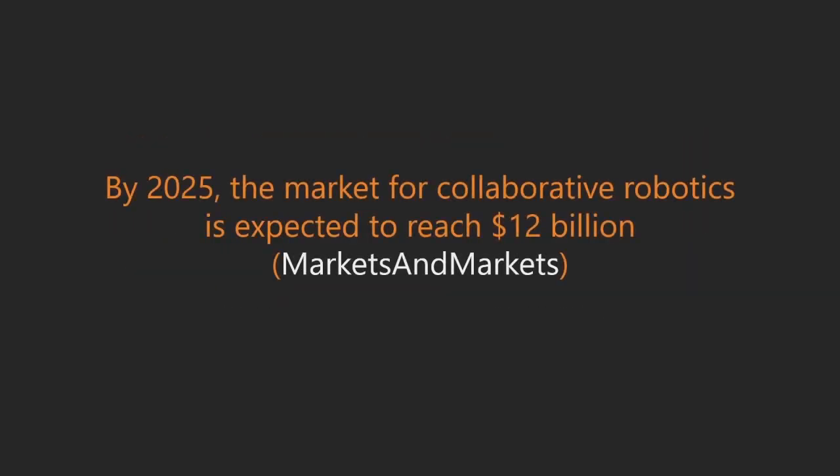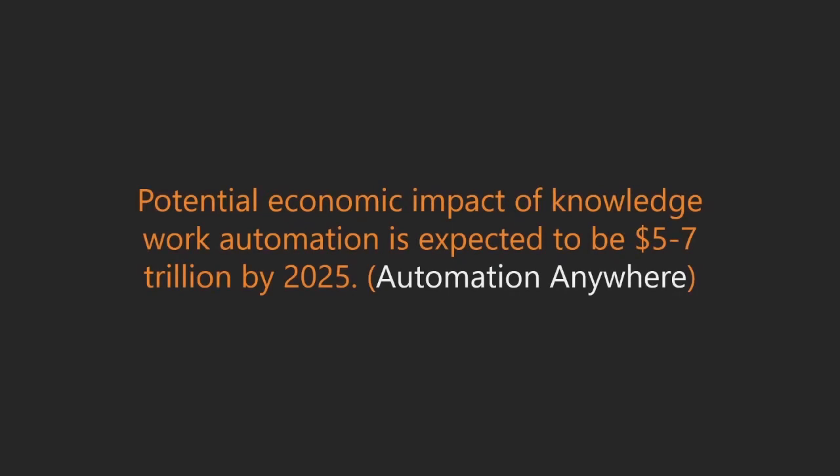By 2025, the market for collaborative robotics is expected to reach 12 billion as per MarketsandMarkets. The potential economic impact of knowledge work automation is expected to be 5 to 7 trillion by 2025 as per Automation Anywhere.